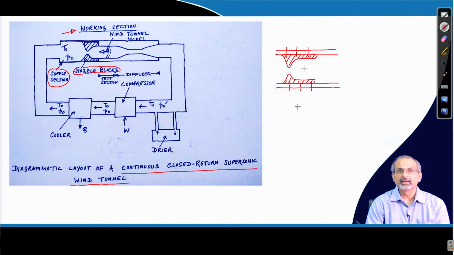There are tunnels where these nozzle blocks are flexible. So, they are essentially made out of steel plates, and then these steel plates can be backed with hydraulic actuators, and when these actuators operate, they can push or pull the plate accordingly and therefore alter its shape. So, the plate can move depending on the actuation.